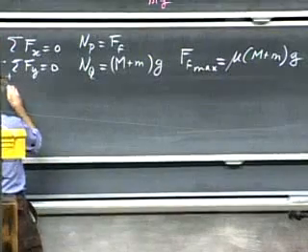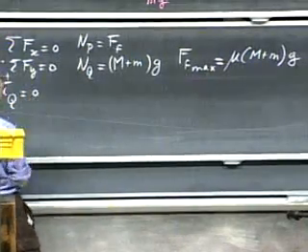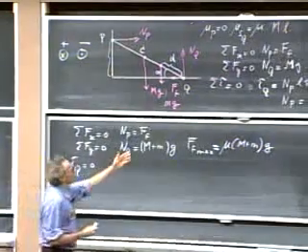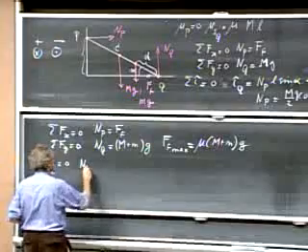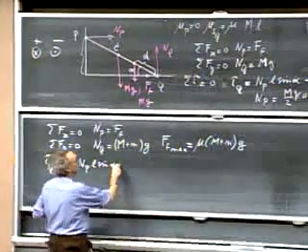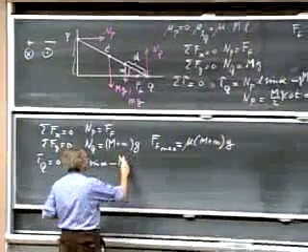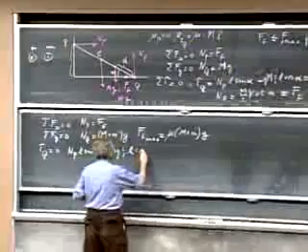Now we need that the torque, and I pick my point Q, relative to point Q, equals 0. Well, the first two terms haven't changed. So I have N of P times L sine alpha minus Mg times 1/2 L times the cosine of alpha.